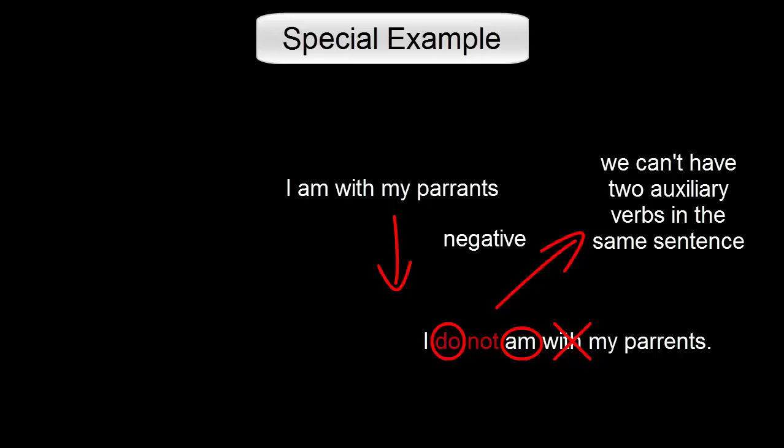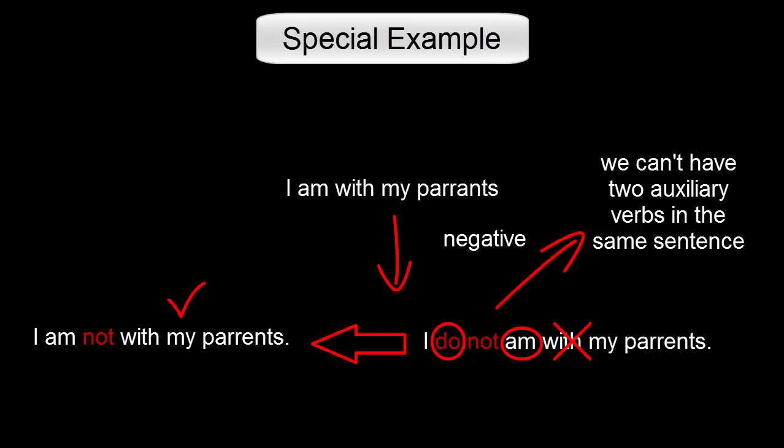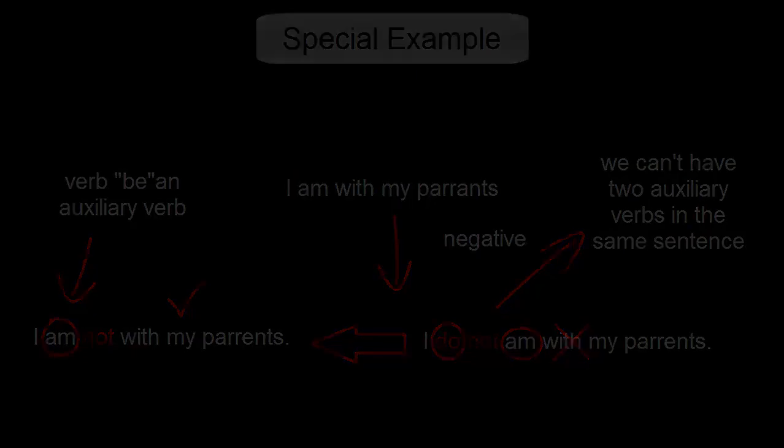So the correct negative form is, I am not with my parents. Am is the verb to be, so it is an auxiliary verb. So in this particular example, we use the verb to be, which is am, to write down the negative form.